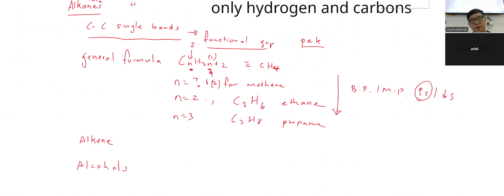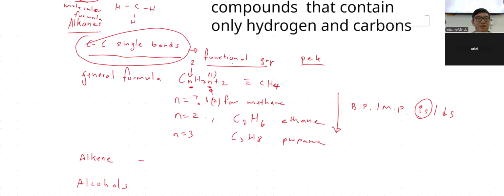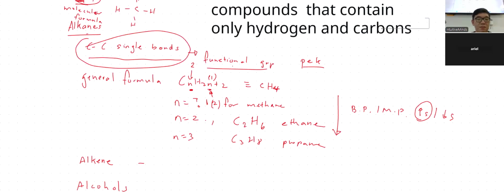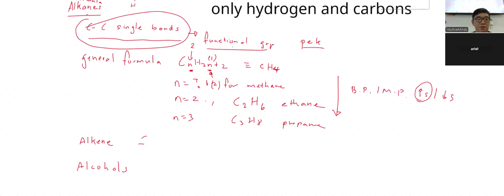Can you name the functional group for alkenes? CnH2n. Functional group. Functional group is a surname. Like this one, CC single bond is the functional group for alkane. Carbon-carbon double bond. What's the general formula?